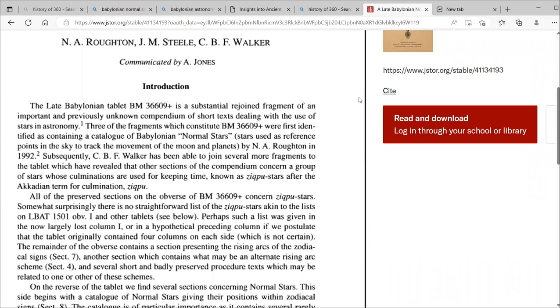Subsequently, C.B.F. Walker has been able to join several more fragments to the tablet, which have revealed that other sections of the compendium concern a group of stars whose culminations are used for keeping time, known as ziqpu stars, after the Akkadian term for culmination, ziqpu.